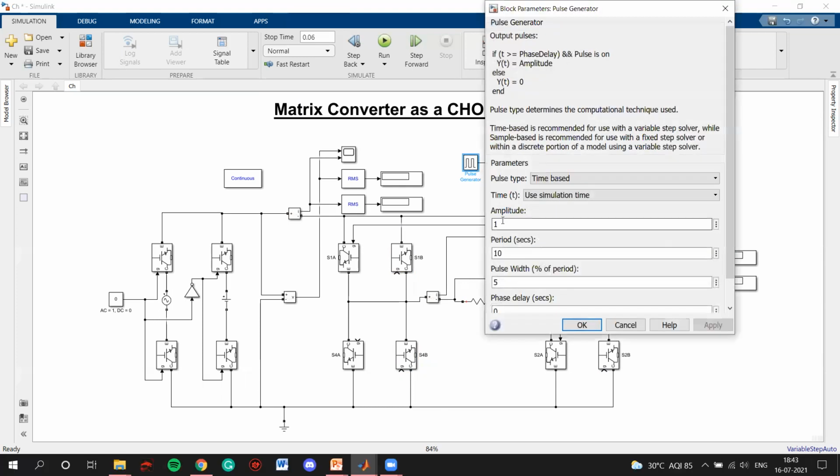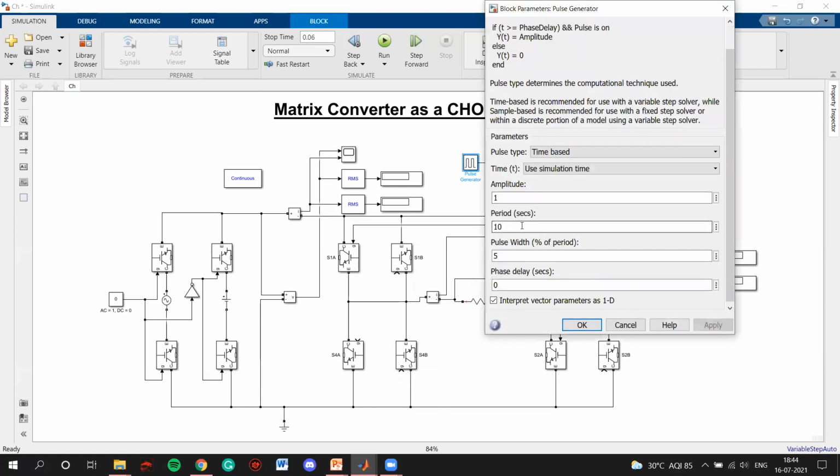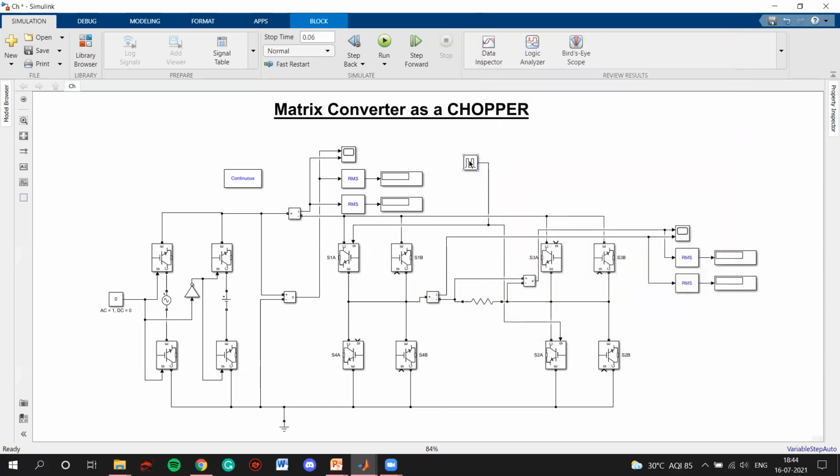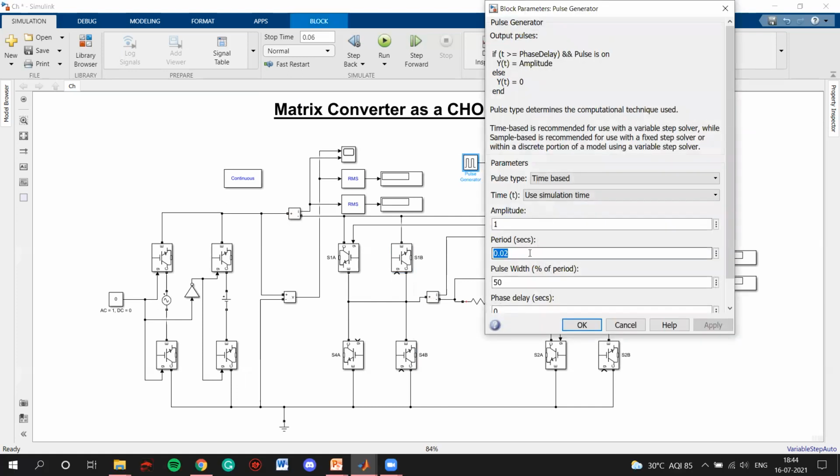And let's open it. Amplitude will be 1, period will be 10, or we can put any period, right? So this is our circuit, so it will not matter. So let's take our frequency only. This will be 50% of the duty cycle, right? Okay, let's take 10,000 hertz, 10 kilohertz, right?